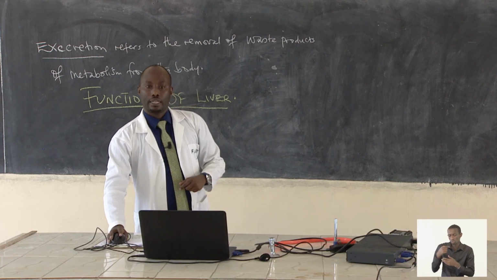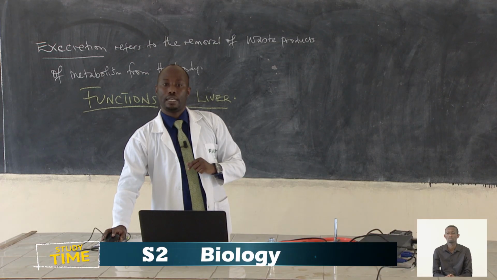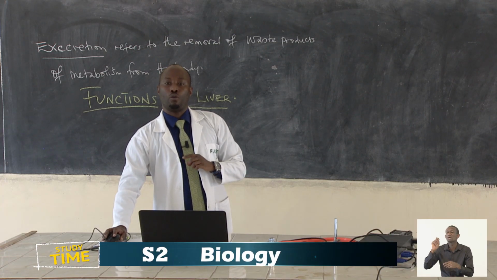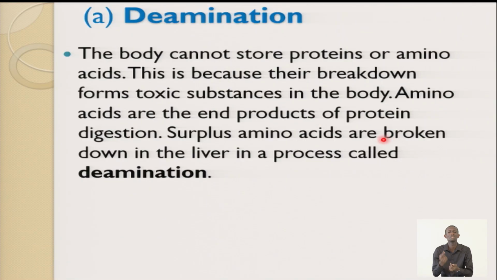So let's talk about this. They break down to form toxic substances in the body. These amino acids are the end product of protein digestion. Surplus amino acids are broken down in the liver in the process called deamination.